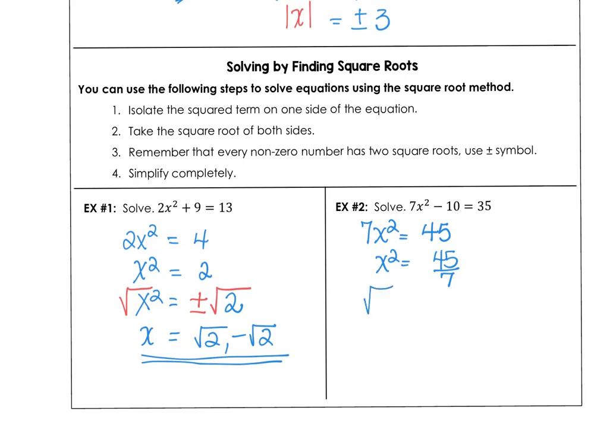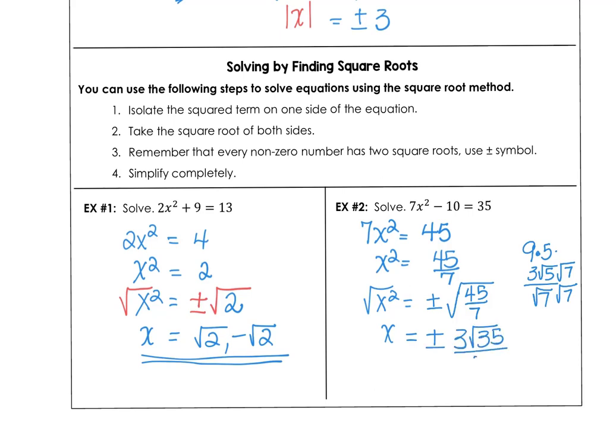So the square root of x squared is x, and the plus or minus square root of 45 over 7. Now you can rationalize that. Think about 9 times 5 is 3 square roots of 5, and then rationalizing the square root of 7 on top and bottom is going to give us plus or minus 3 square roots of 35 divided by 7.